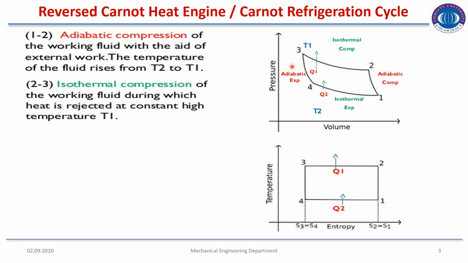In the previous step from 1 to 2, the temperature of the fluid rises from T2 to T1. So here the working fluid is rejecting heat at constant high temperature T1. From 2 to 3, as this process is isothermal, the temperature will remain constant and heat will be rejected out.